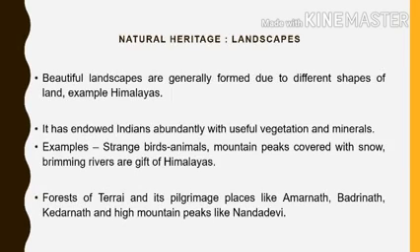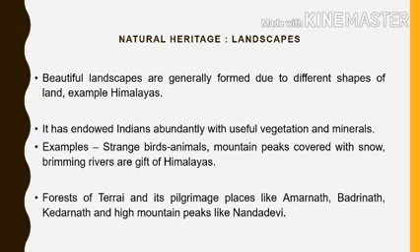As we have already seen, natural heritage of India is divided into four parts: landscape, rivers, vegetation, and wildlife. Let us start with natural heritage landscapes. Beautiful landscapes are generally formed due to different shapes of land, example the Himalayas.